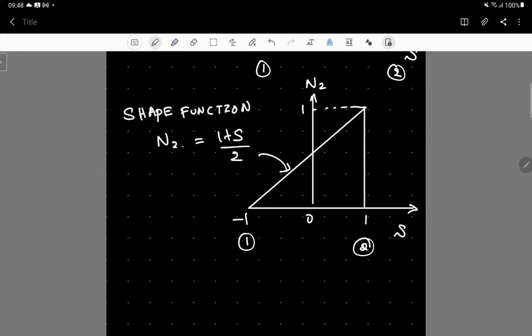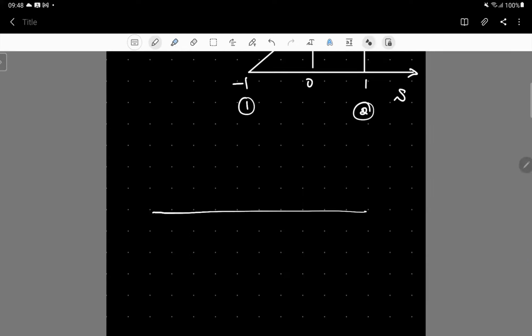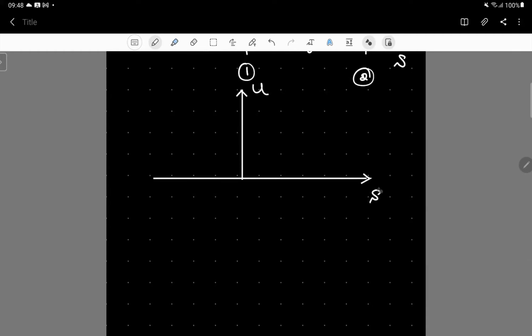Now, when we think in terms of the displacement along the length of the element, this is how it would look. In the natural coordinate system, we are interested not in the shape function, of course, but in the total displacement within this domain. So let's define u, and the s coordinate system.